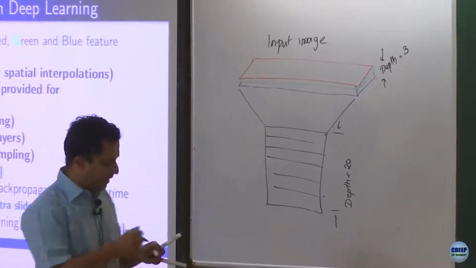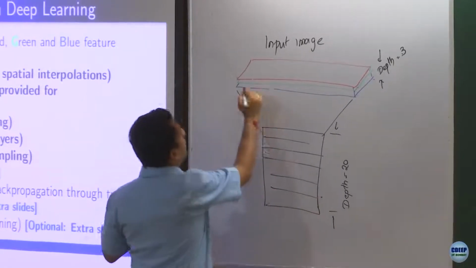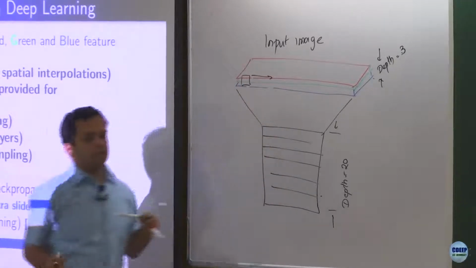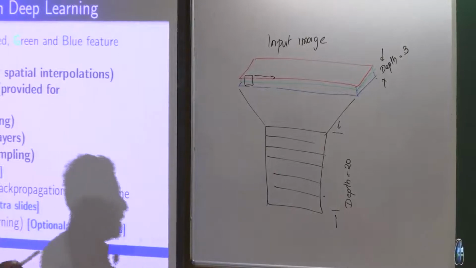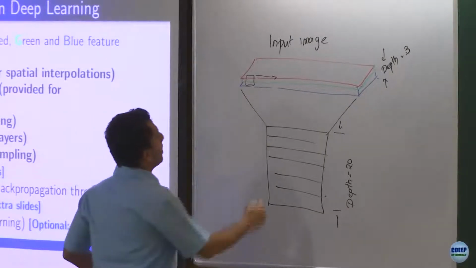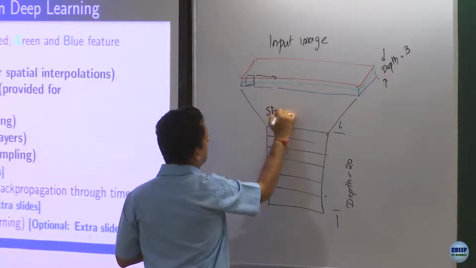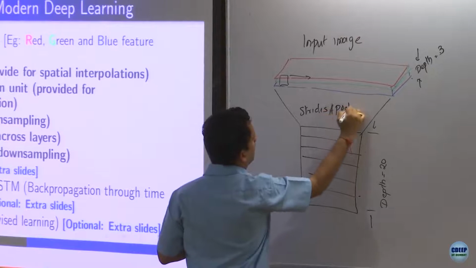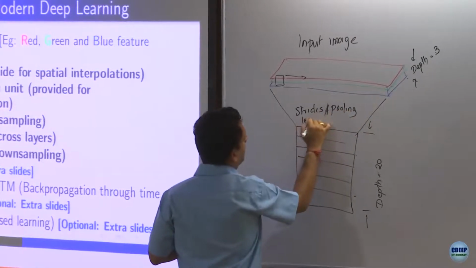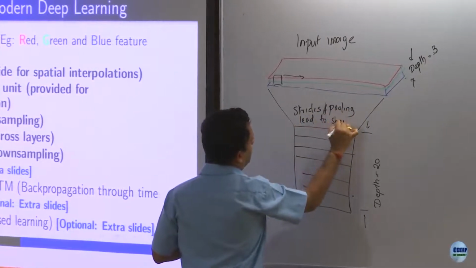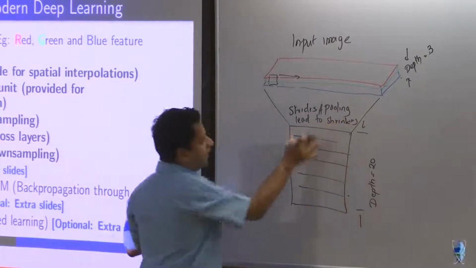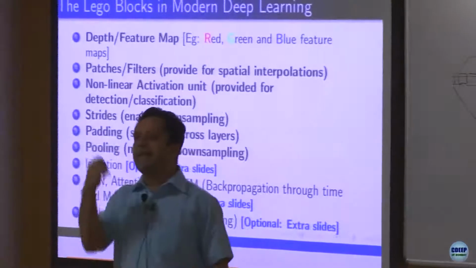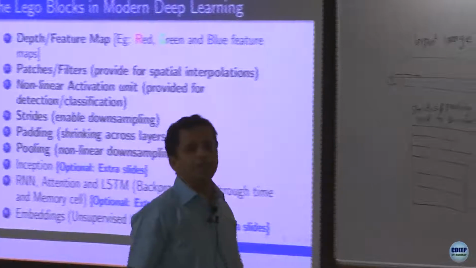Now, what is exactly happening is that the patch that is moving around, thanks to striding and something we discussed called pooling today, they lead to shrinking in this sense. But the depth often increases because we do not apply a single convolutional filter, you apply multiple filters.